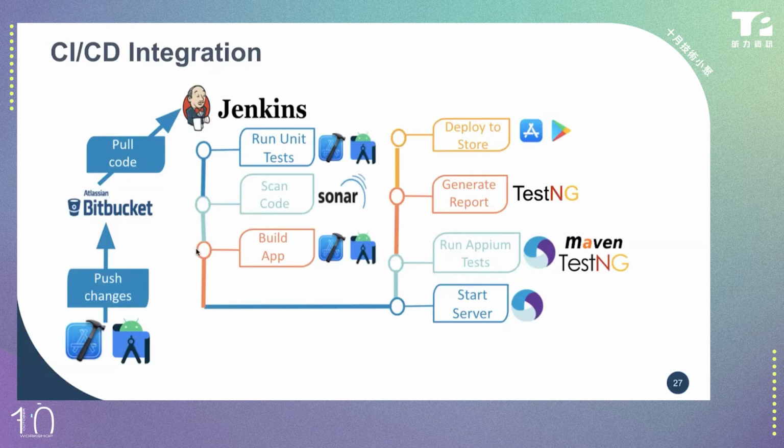After the application is built, we could start our Appium process, which would basically mean we would start the Appium server, and we would then run our Appium tests, maybe using the same stack as before, using Maven, TestNG, and Java. And after those tests are run, it would then generate a report and potentially automatically deploy to the App Store or the Play Store, or just tell you everything went fine, and here is your runnable app file, like IPA or APK.